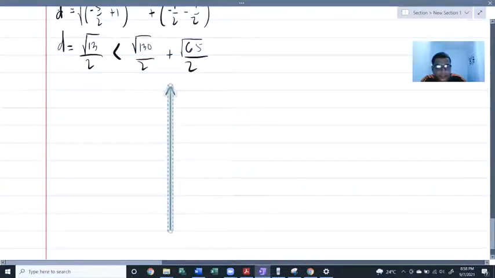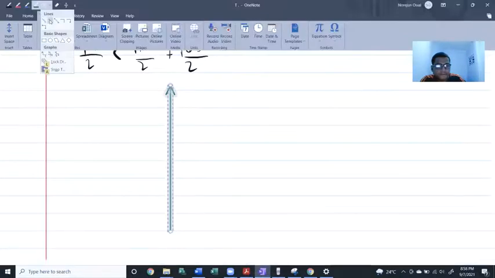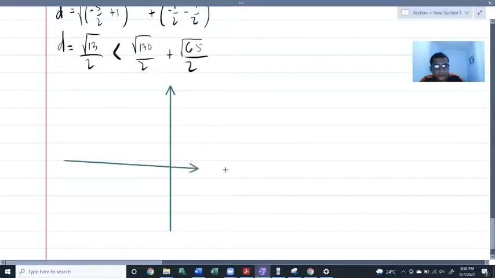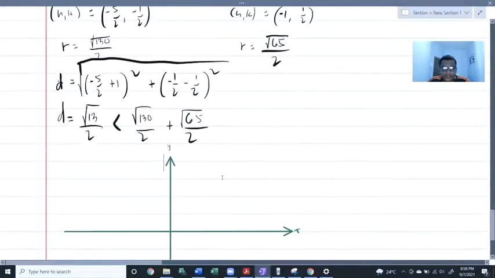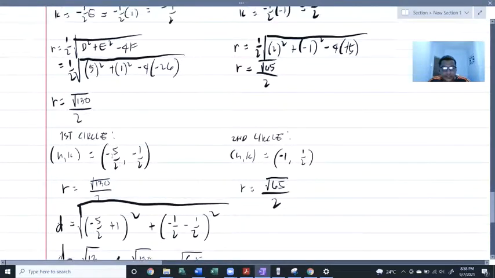So we have here our plane. X, and this is our Y. Now our first circle is located at -5 halves, -1 half.